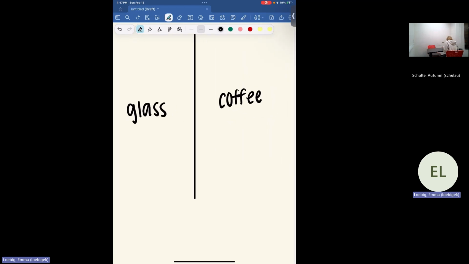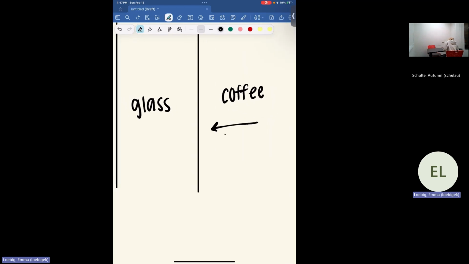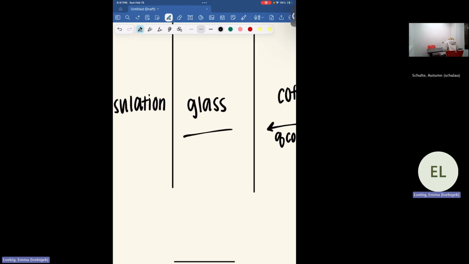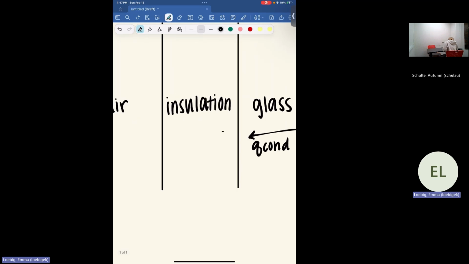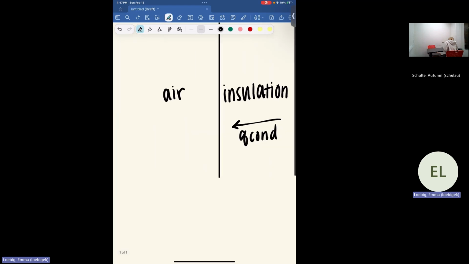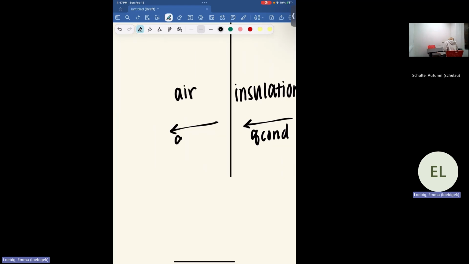And we know that we had heat loss via convection through the coffee, heat loss via conduction through the glass, heat loss via conduction through the insulation, and heat loss via convection to the air.